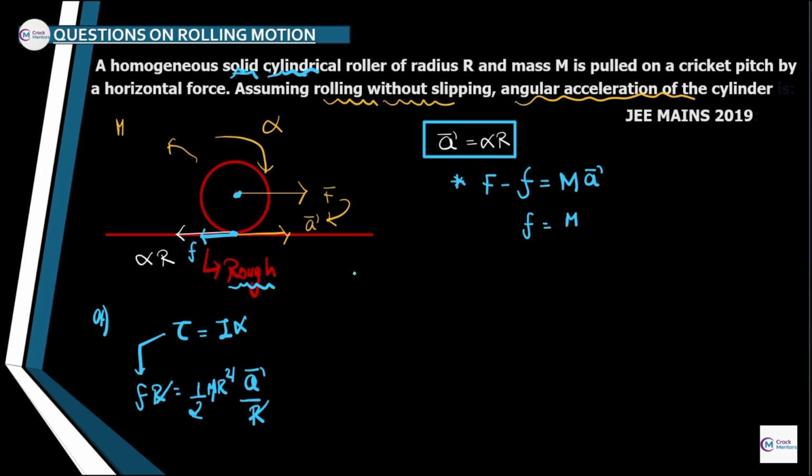Then the friction has the value m a upon 2. After solving it, we are going to get the force F equal to 3 upon 2 m a.